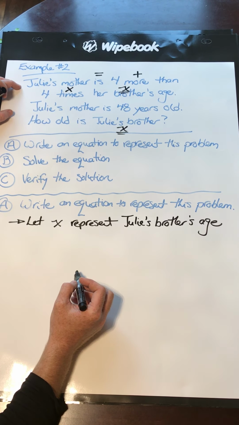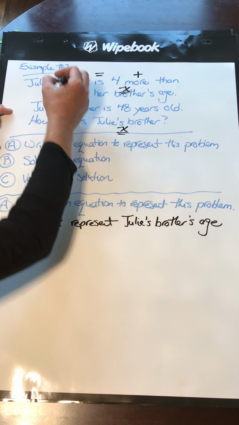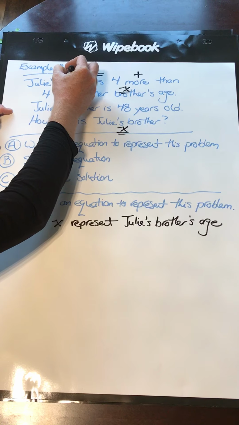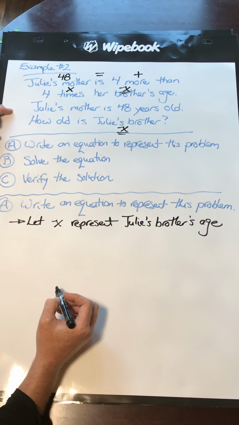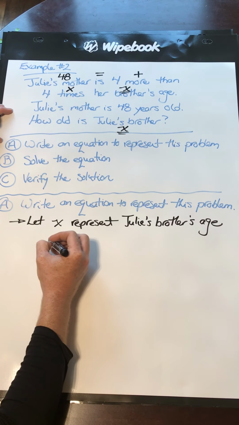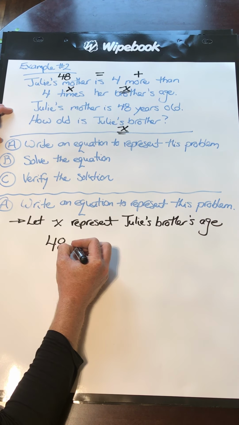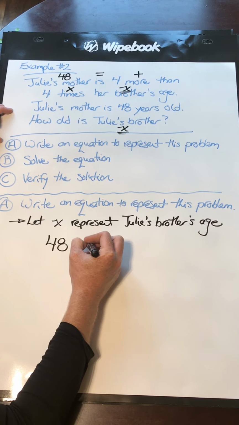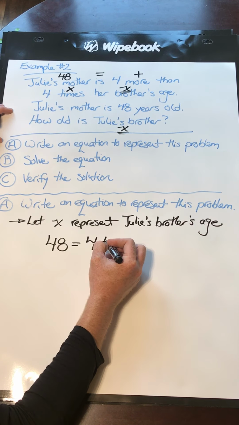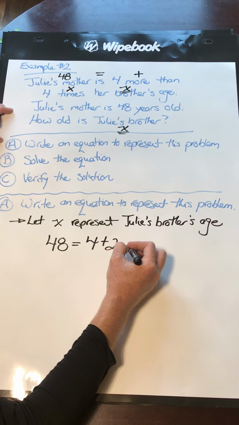Julie's mother. Okay, well, what is Julie's mother? Well, Julie's mother is 48 years old, so we're going to put 48 up here. So now we can write an equation and we can say 48 is equal to 4 plus 4x.